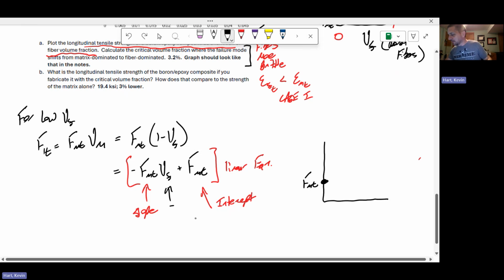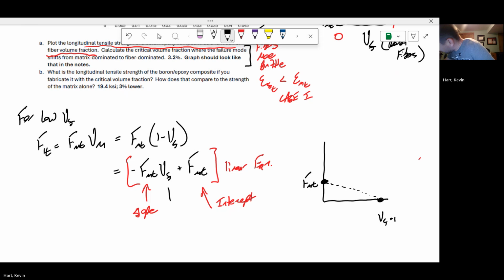Hopefully that's pretty obvious to see. So at a value where VF equals 1, this goes to 0, and so this is just a linear equation that looks just like that, right? So that is for low volume fraction. So it's going to be values of VF that are kind of in this region here.